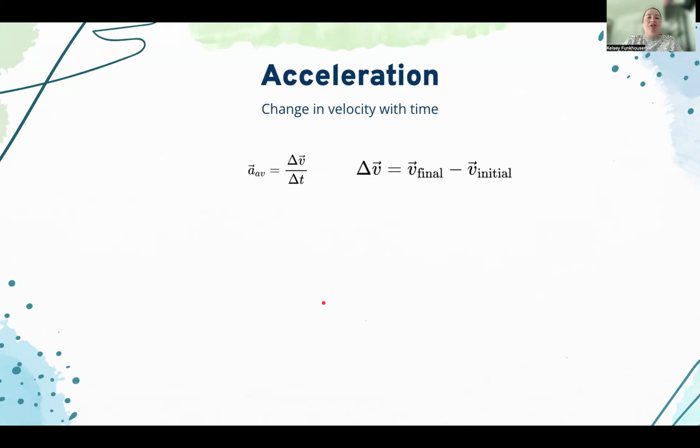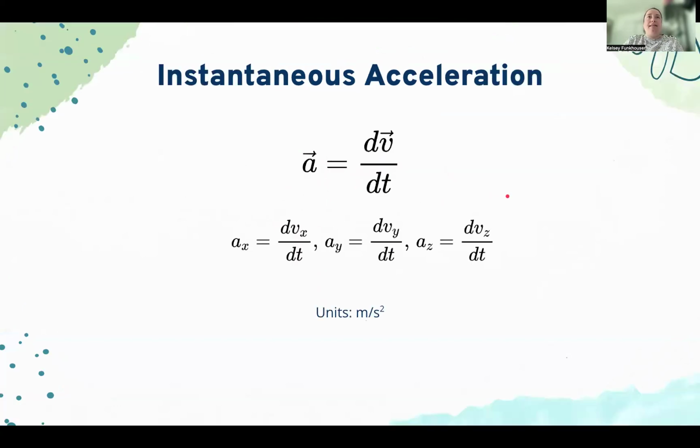Acceleration now is the change in velocity with time. So average acceleration, just like average velocity, is the change in velocity over the change in time, where change in velocity is the final minus the initial. But this is average. For instantaneous acceleration, we have to, again, reduce the time interval and take the derivative of velocity with respect to time.